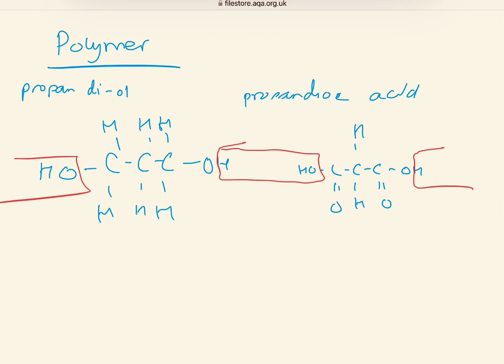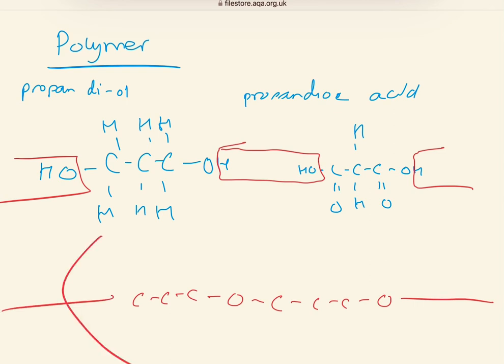Any questions? Now I wouldn't have any trouble combining it, so I would just get all of this stuff, C, C, C, O, then I don't draw this stuff because I've crossed it out. And then I carry on, C, C, C, O, O. And then I draw a big line and a big line, and then an N. So I have N of these, forming N of these polymers.